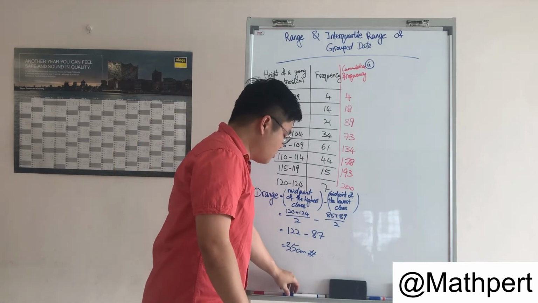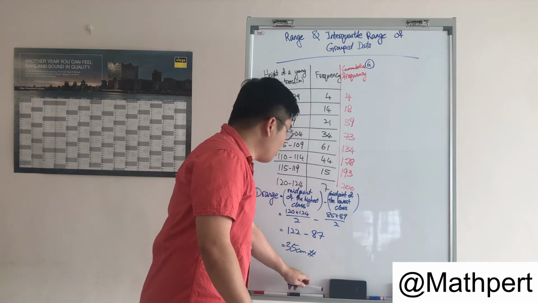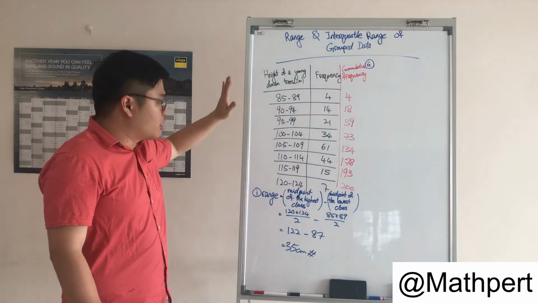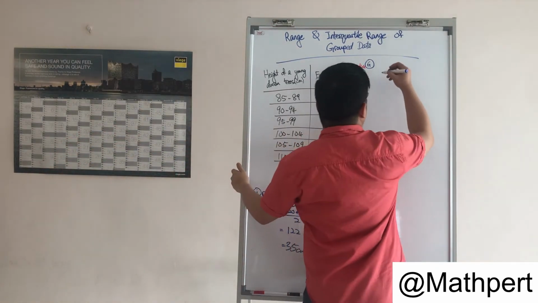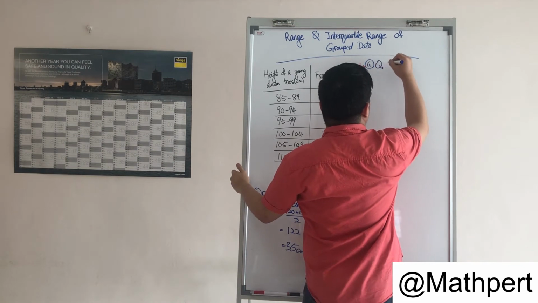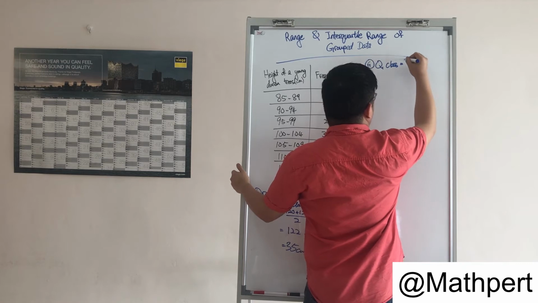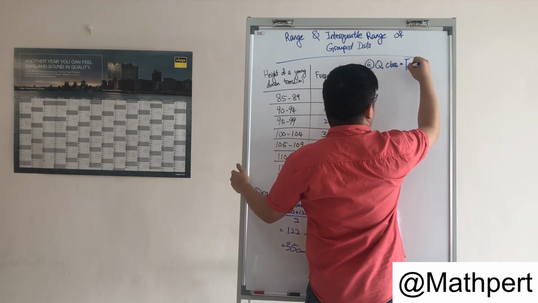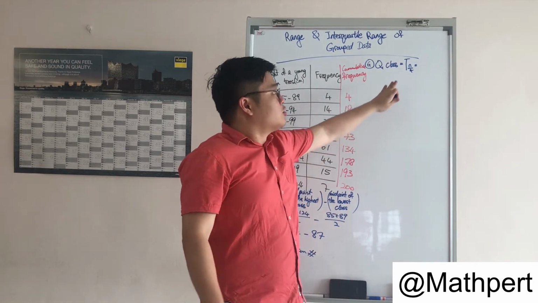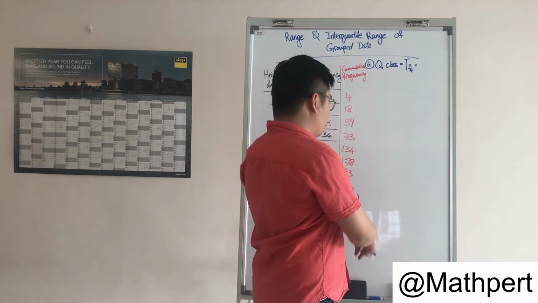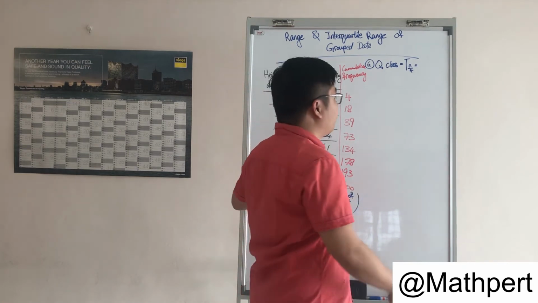Now, we look for the Q1 class and the Q3 class. The Q1 class is the n over 4 th value. N is the total frequency, which is 200, so 200 divided by 4 is 50.